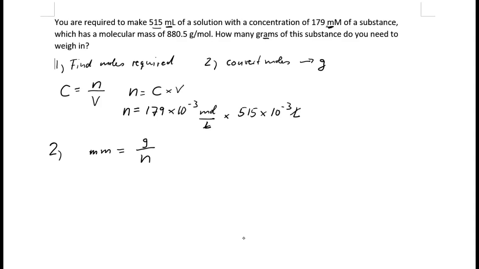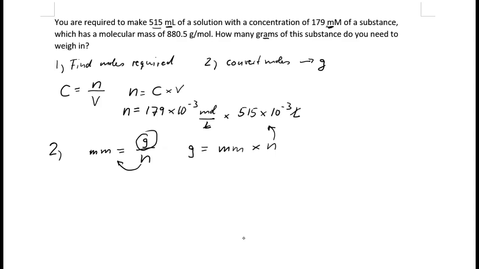And now we just simply have to make the unit that we are interested in, the grams, the subject, and we bring that to the other side. So we've got gram equals the molecular mass, and I write it like that, times the number of moles. And that is the number of moles that we just calculated.